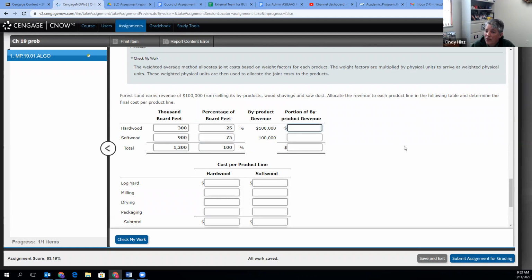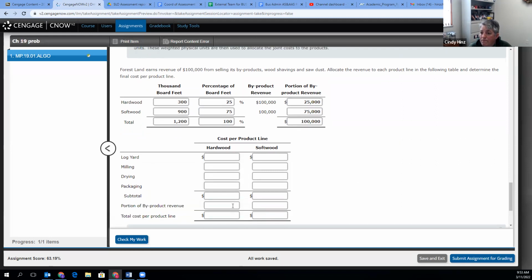So we're going to allocate 25% of that byproduct revenue, the revenue from selling the wood shavings and sawdust, to hardwood and 75% to softwood. That was pretty simple. And then I'm just going to bring those dollar amounts down here.